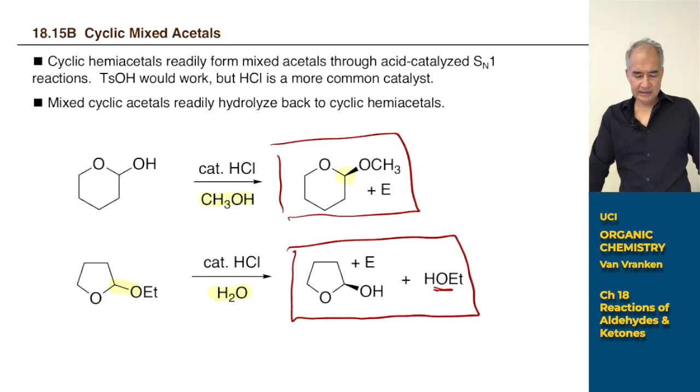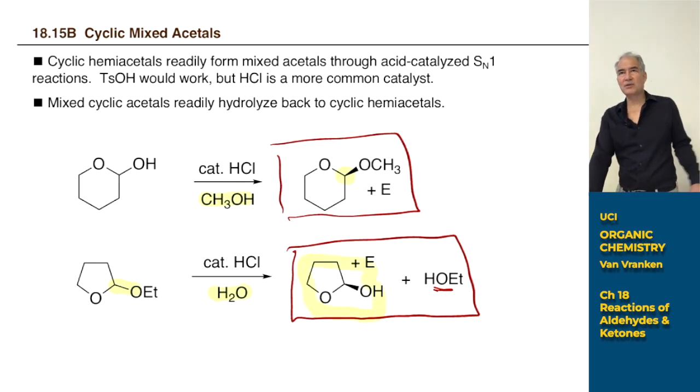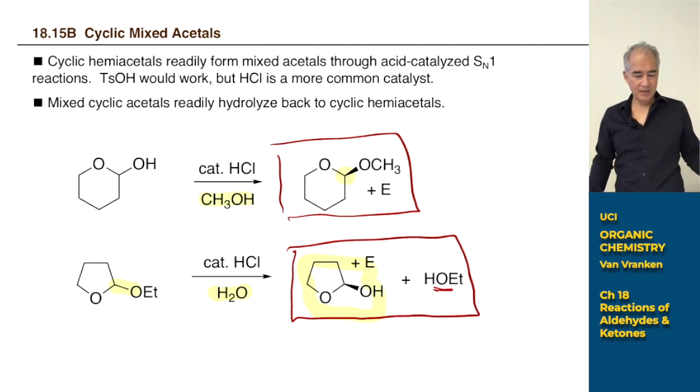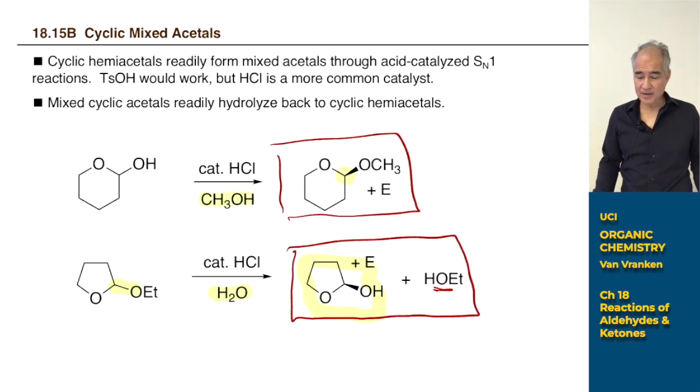This chemistry right here is fundamental to the chemistry of nucleotides and nucleosides. Nucleotide subunits of DNA are enzymatically made, so if you haven't noticed it already, this should look very much like ribose, the ribopyranosides that are present in nucleotide subunits of DNA. That's why this chemistry is important.